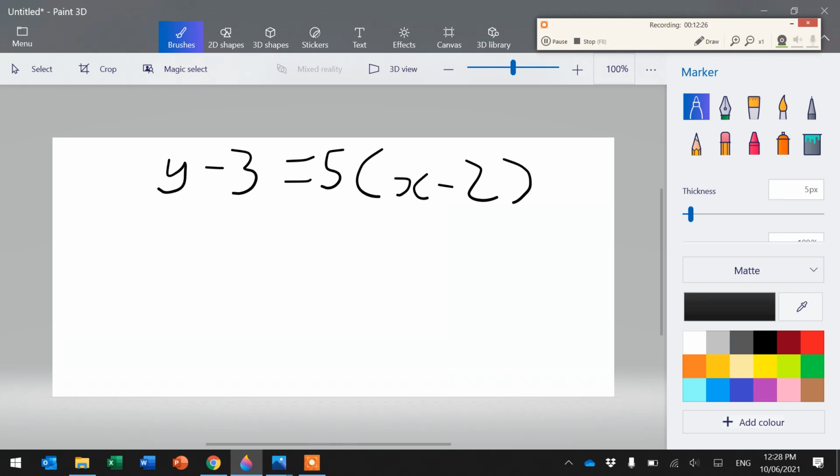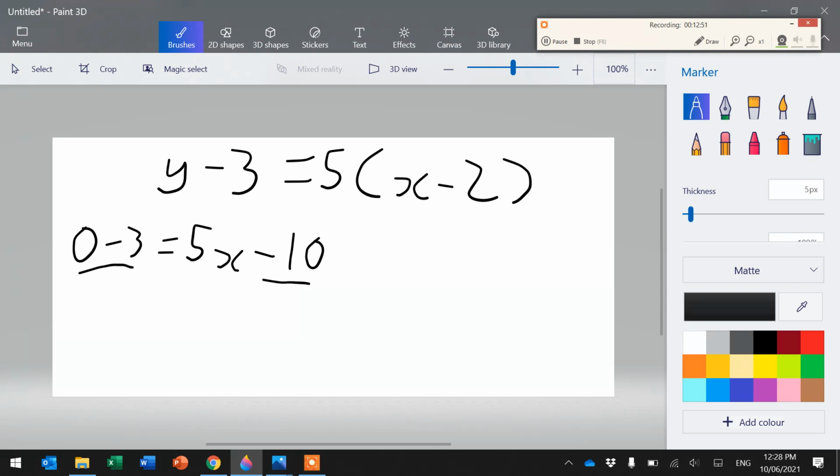So we're going to say 0 take 3 equals 5 times (x minus 2). So we're going to multiply that out. 5 times x will be 5x. 5 times minus 2 will be minus 10. So we've got minus 3 on this side and minus 10 on this side.